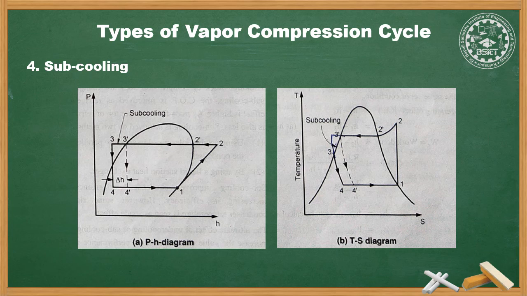As the mass flow rate of refrigerant is less, the volume of vapor handled by the compressor is less. Although the work of the compressor does not change with subcooling, the COP is improved as the refrigerating effect is higher.